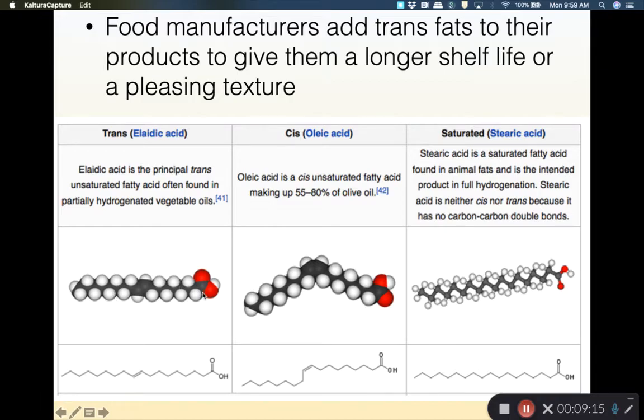And this is where we get what we think of as the unhealthy trans fats that give a lot of processed foods their long shelf life, because they're able to be solid at room temperature.